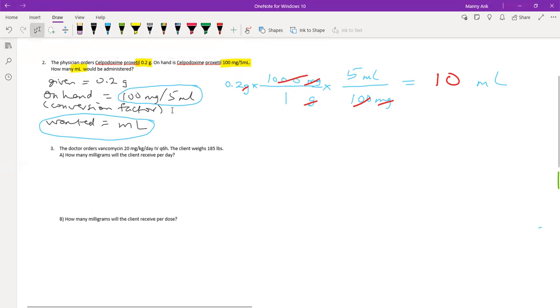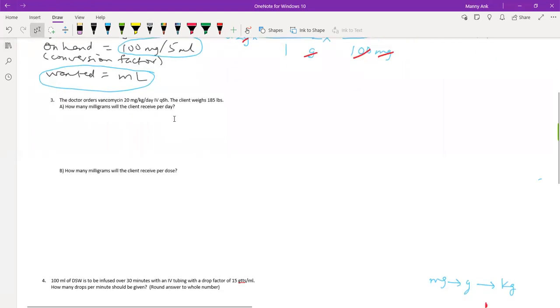Let's try another problem here. This question says the doctor orders vancomycin 20 milligrams per kilogram per day. The client weighs 185 pounds. How many milligrams will the client receive per day?